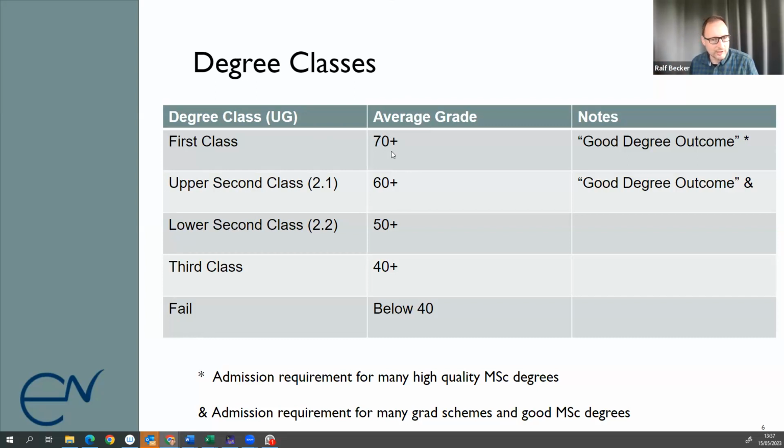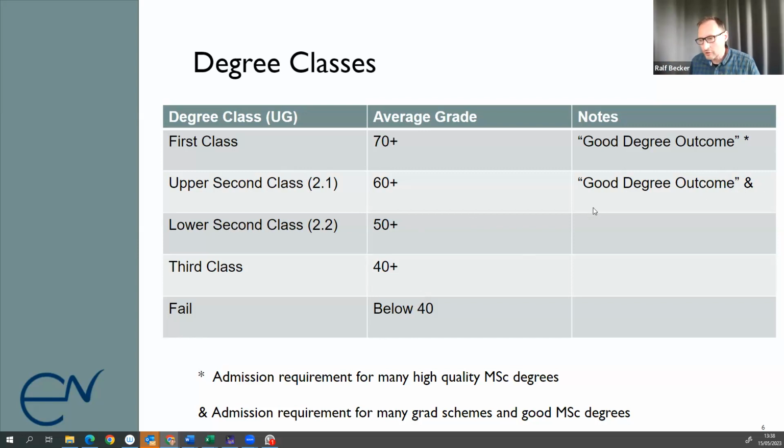Every grade above 70, including 70, is a first class, above 60, an upper second class, above 50, a lower second class, and third class is 40 plus. And at undergraduate level, a grade below 40 is a fail grade. Now, students will get at the end a degree class in one of these categories. What is really important is that especially the top 2 categories are important hurdles students need to jump to achieve certain things.